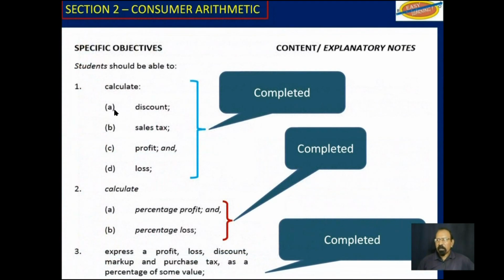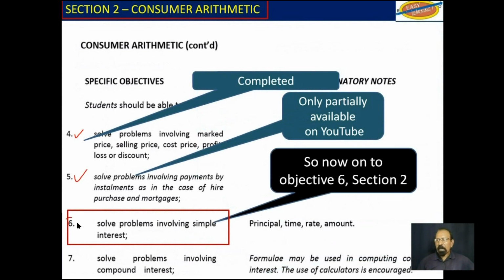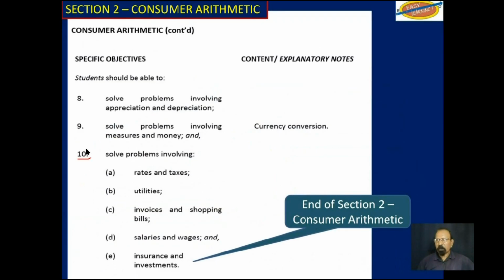So we have completed those objectives in this section, up to objective 4 and objective 5. Right now, I am at objective 6, solve problems involving simple interest. Some of the things you need to know about are principal, time, rate, and amount, what those are. And we still have to go up to objective 10.